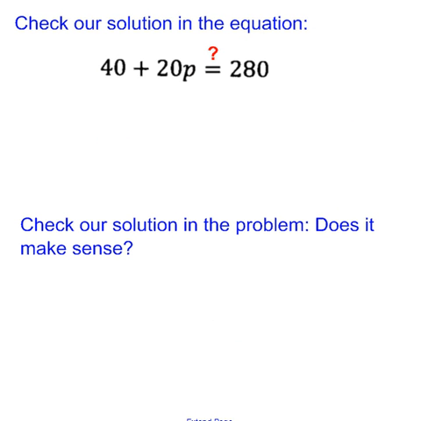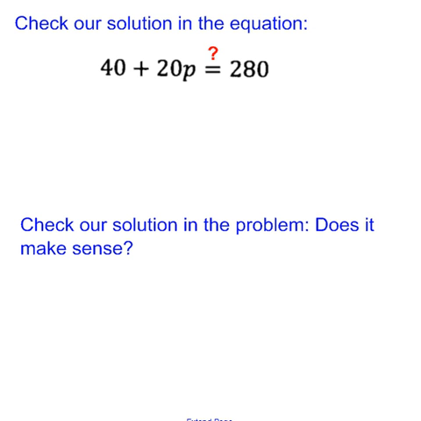We're going to check our solution in two different ways. So the first way is just checking it in the equation. And remember what we're doing here is just seeing if we solved the equation correctly. It isn't going to tell us whether we wrote the correct equation, which is actually the hard part, but we're just going to check and see if we solved the equation that we wrote correctly.